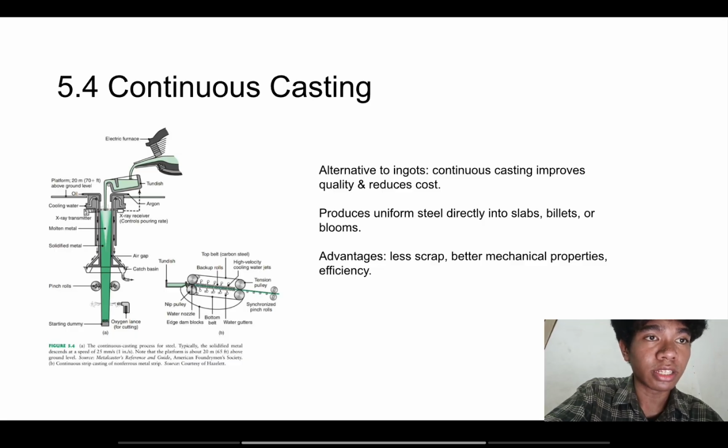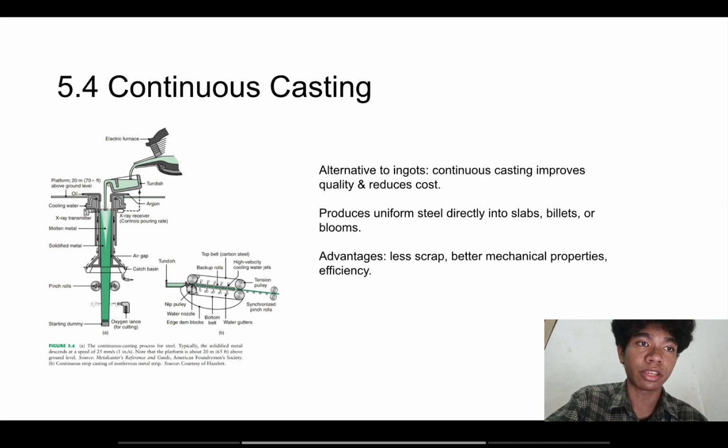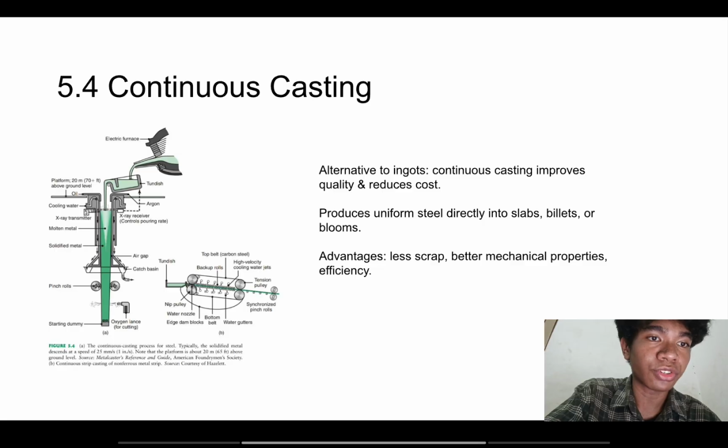It is an alternative to ingots. Continuous casting improves quality and reduces cost, and produces uniform steel directly into slabs, billets, or blooms. The advantages are less scrap, better mechanical properties, and efficiency.